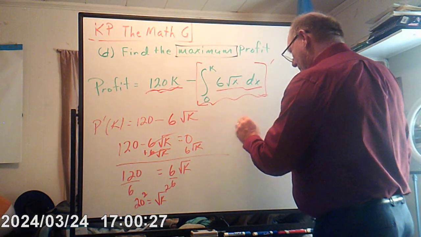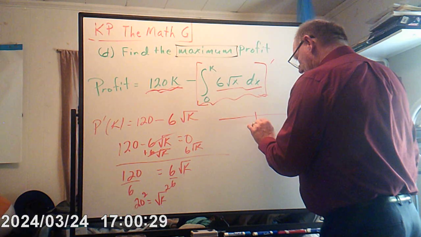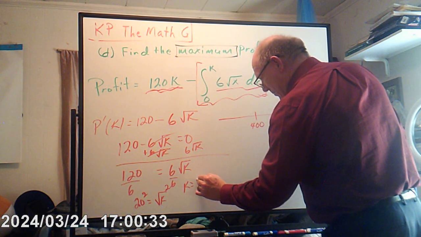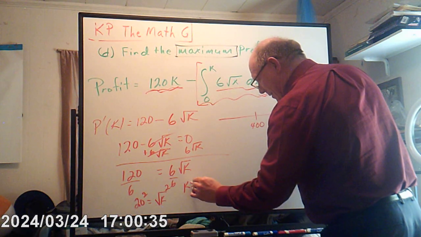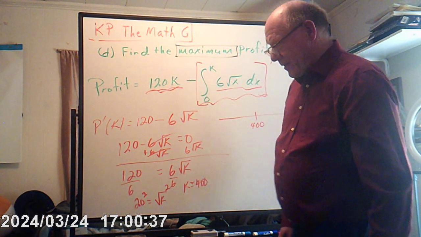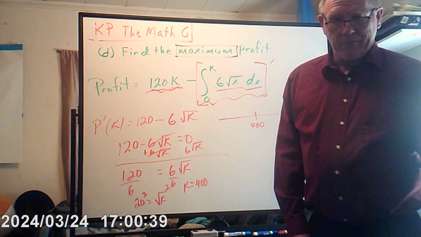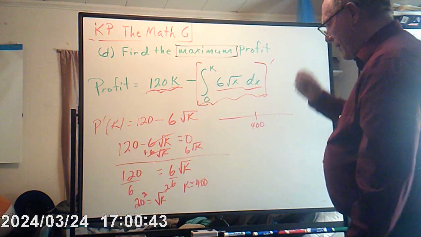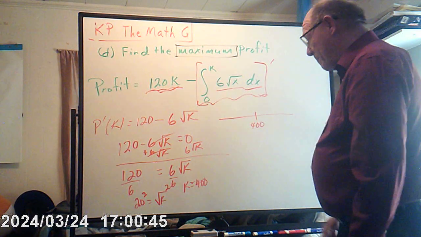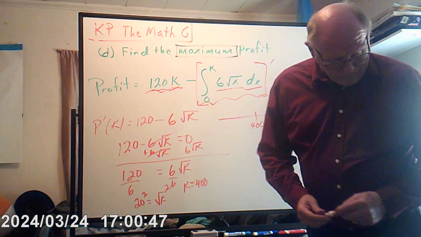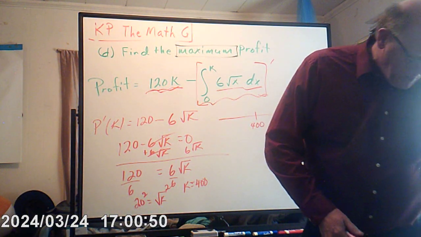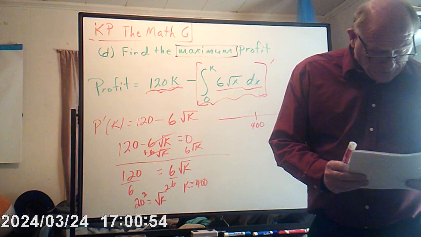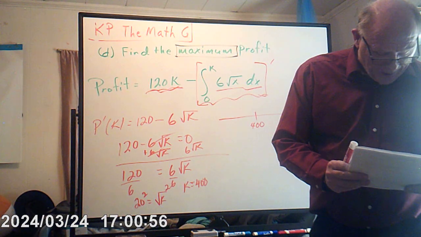So K is 400. That is what we would consider a critical number. K is what we've found here, and that's what we're trying to figure out. It says the maximum meters is what we're trying to find.